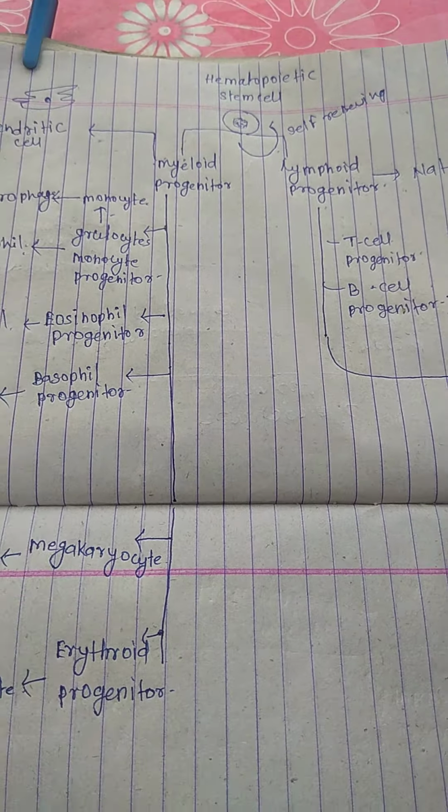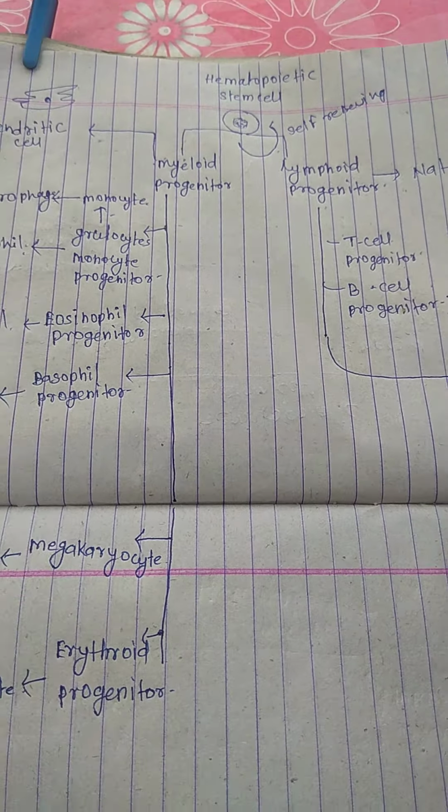Here myeloid progenitor cells can directly form dendritic cells, but in large quantity. Lymphoid progenitor cells can also form dendritic cells, but in small quantity compared to the myeloid.